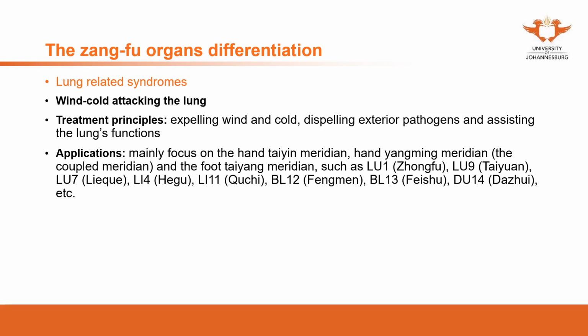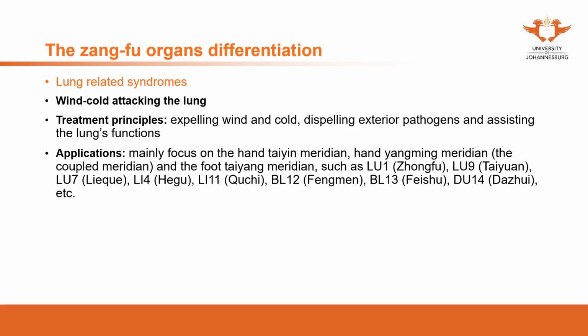The lung meridian, the lung organ, is also related to the large intestine. These are the coupled meridians. These are the coupled organs. The hand Shaoyin meridian and the foot Shaoyin meridian, that's the kidney meridian, also go to the lung.